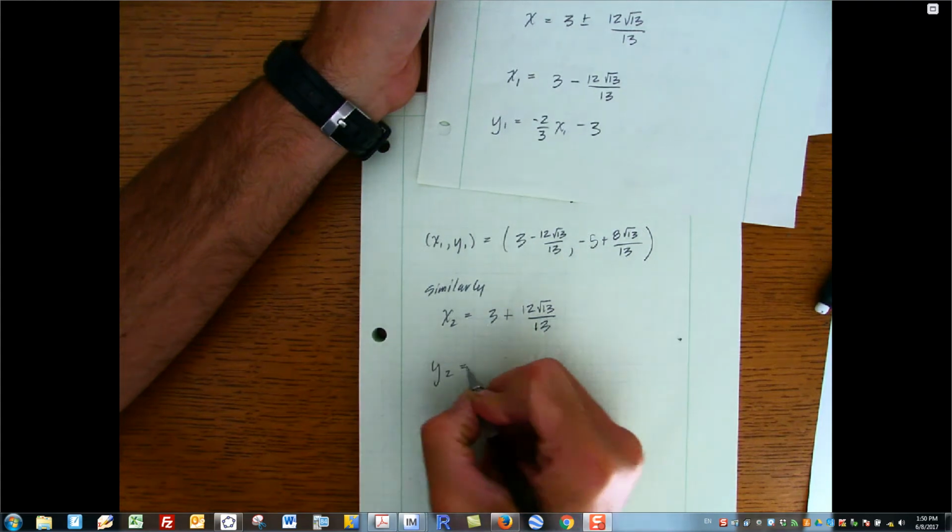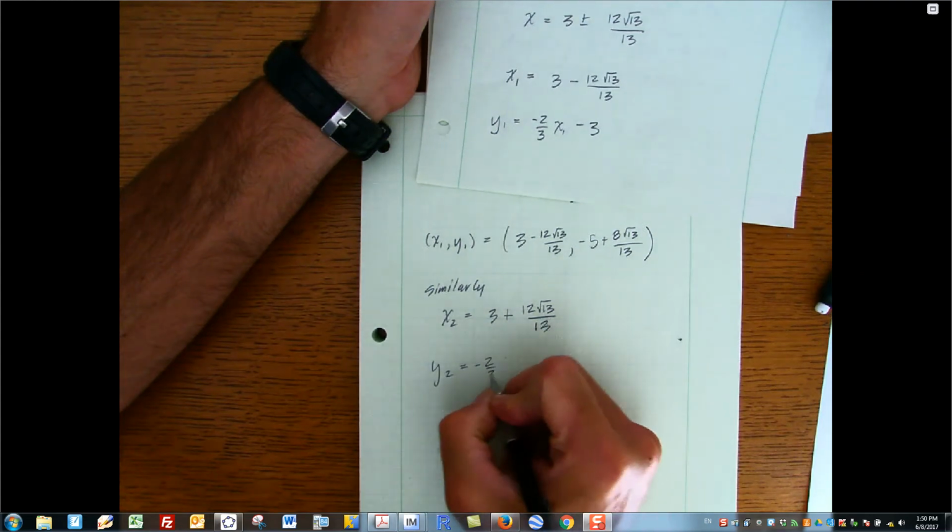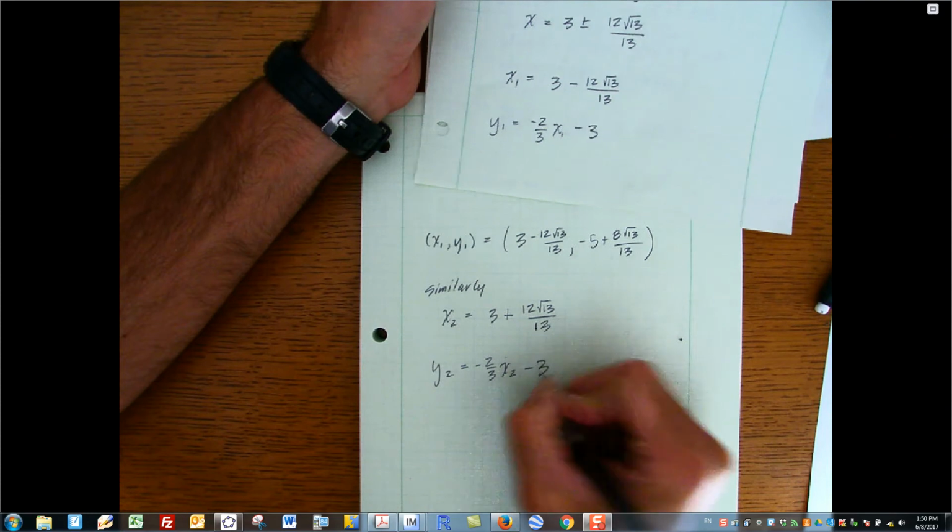And y2 will be achieved by taking negative 2/3 x2 minus 3.